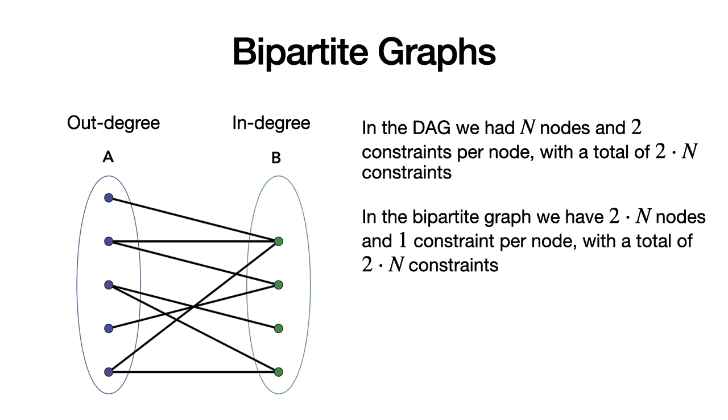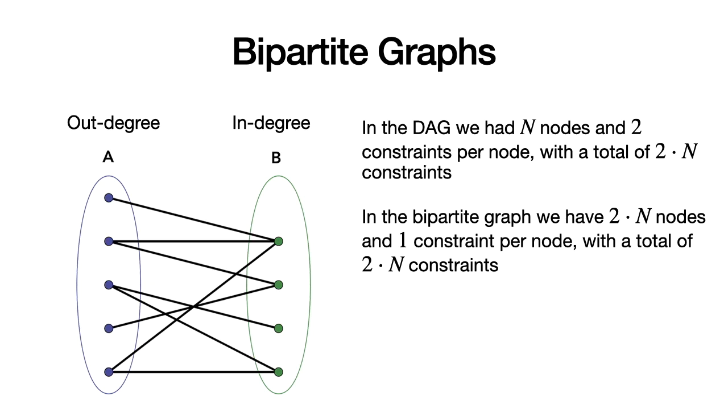Now let's give each node a property, right? Let's say that part A of each node in the bipartite graph will handle the out degree of each node in the directed acyclic graph. So 1A will handle the out degree of node 1 and 2A will handle the out degree of node 2, and so on. And let's say set B will handle the in degrees.